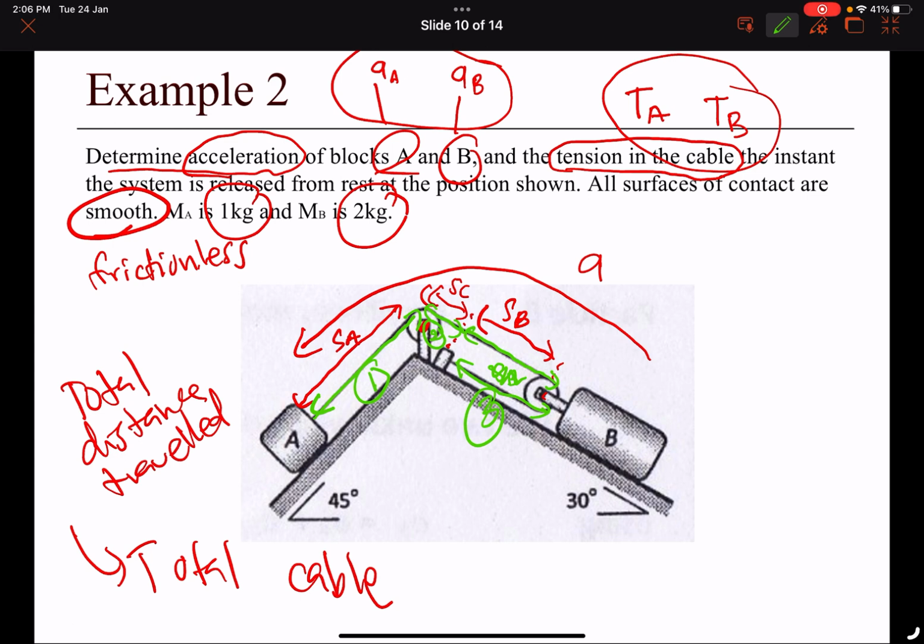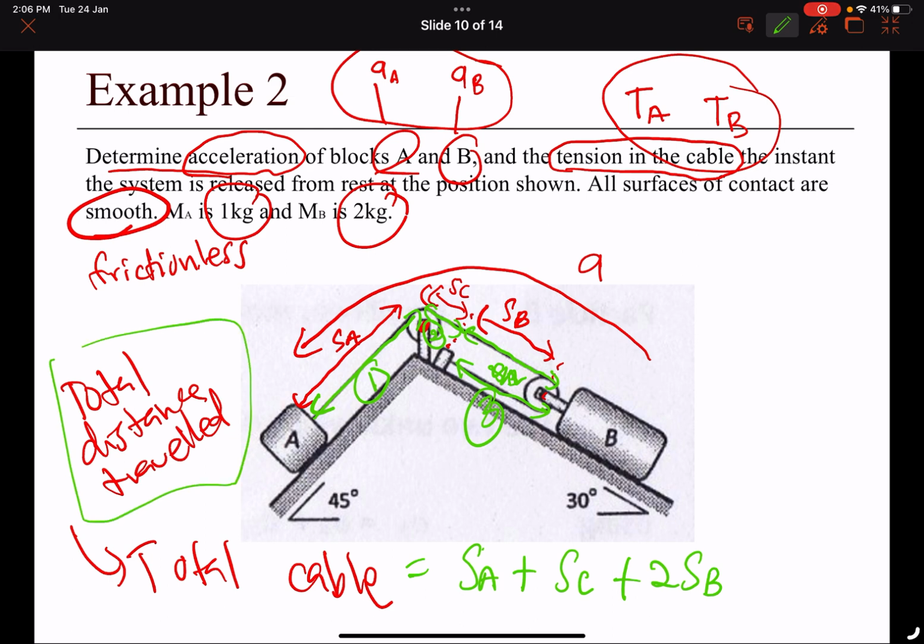So total cable will be SA plus SC plus 2SB. You learned this in the total distance travelled before. And then this is the equation that you will develop.